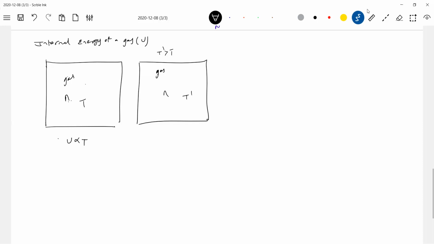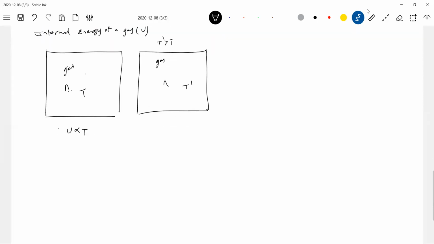Okay, next, we are considering a monoatomic gas molecule. Let's see what we mean by monoatomic. A monoatomic gas molecule is something like a small tiny sphere. This will be the x-axis, y-axis, and this will be the z-axis.